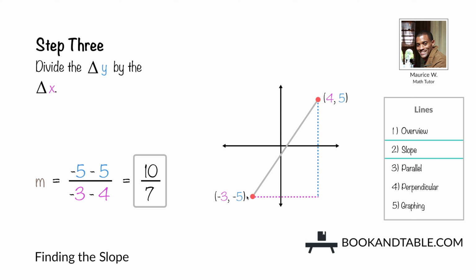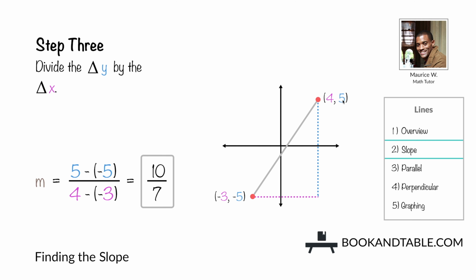Now when doing this, I considered this our first point and this our second point. As I mentioned, if you use the point furthest to the right as your first point and the one to the left as your second, you'll wind up with the same overall slope.